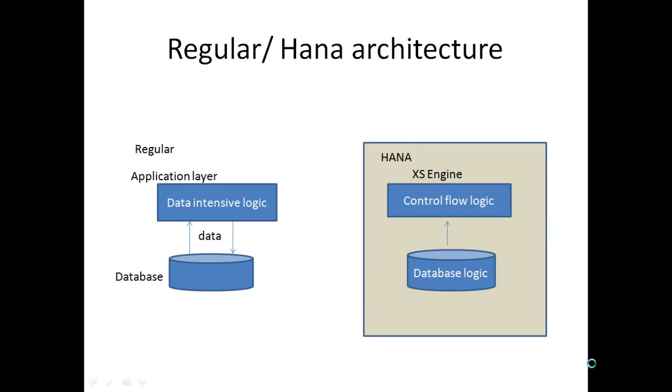As I've mentioned before, in a regular database we need to get data from the database into the application layer, perform all the data intensive logic there, and bring it back to the database. In HANA, you have the access engine, which is the application server, and it is a small layer compared to the database, because most of the data intensive logic is done in the database, and we need only a very small layer for control flow logic.